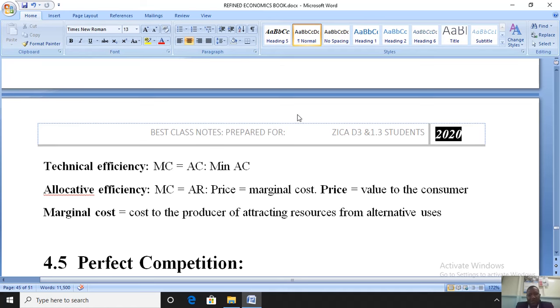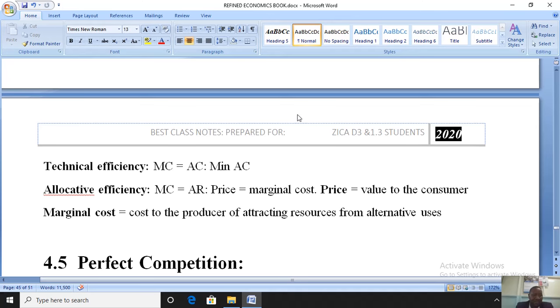When we talk about price equals marginal cost and charging fair prices, we just mean that the price is reflecting the value to the consumer. Then marginal cost, we know what marginal cost is.